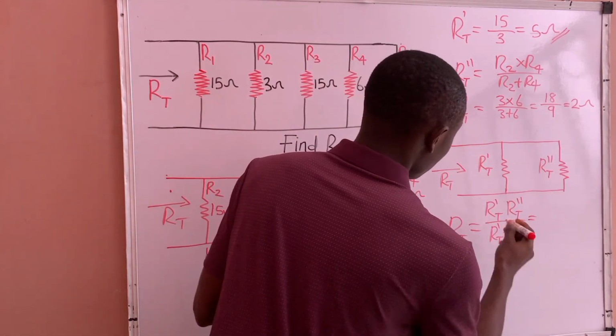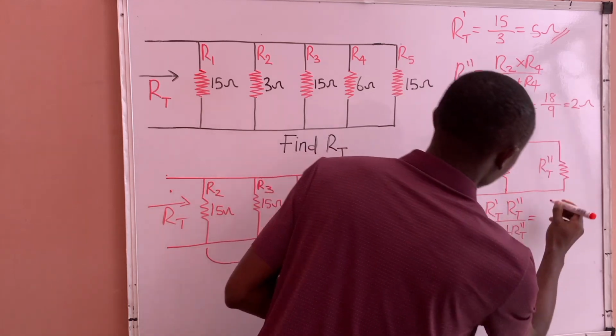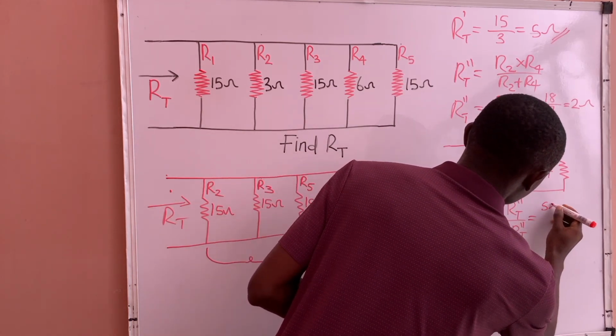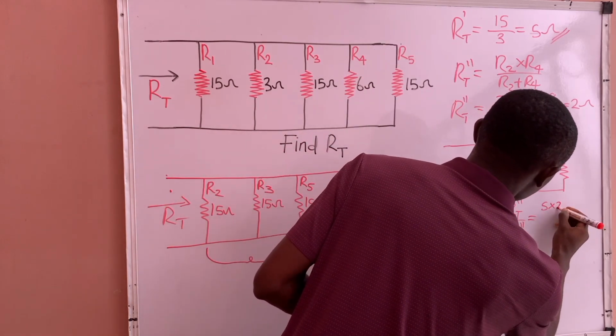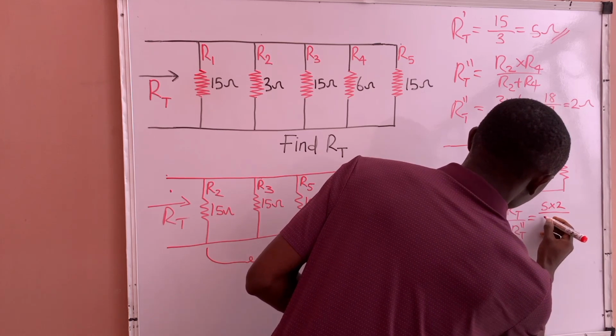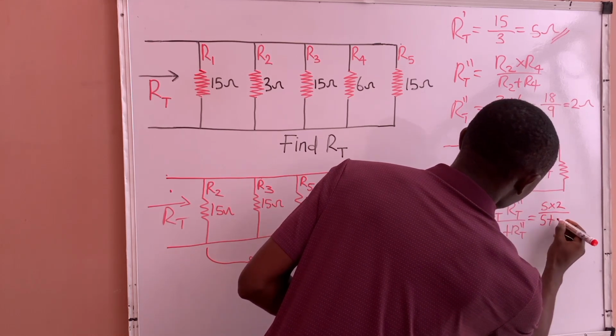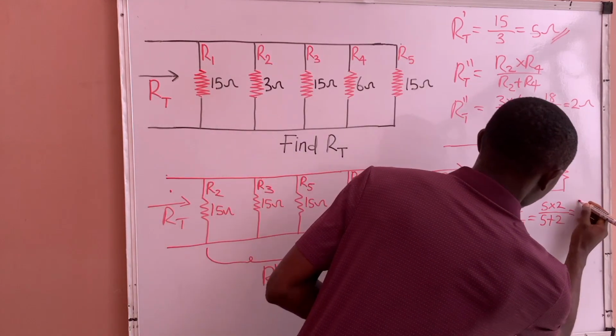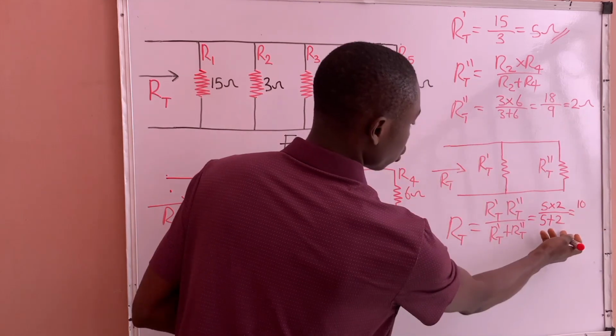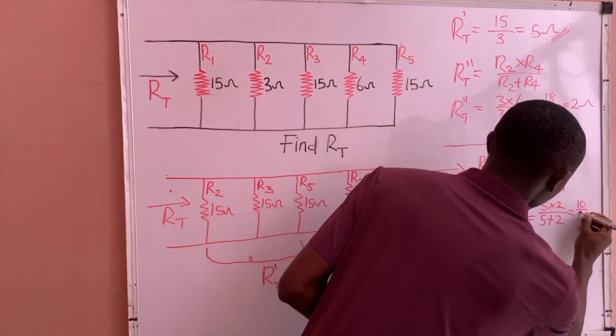So RT equals 5 ohms multiplied by 2 ohms divided by 5 plus 2. So 5 times 2 is 10, and 5 plus 2 is 7.